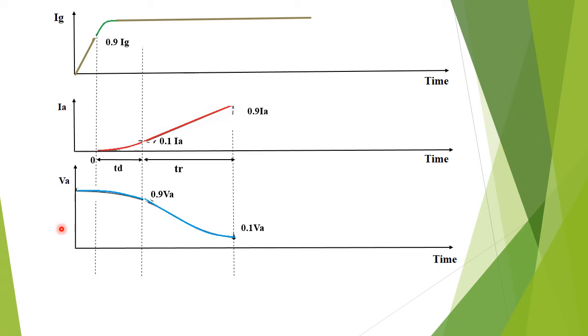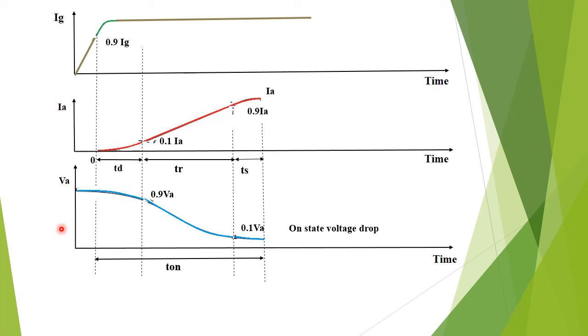After the rise time, the current will further increase from 90% of its final value to its final value IA, and the anode voltage will further decrease from 0.1 VA to its on state voltage drop. This time period is defined as the spread time. Now TD plus TR plus TS gives you the on time.